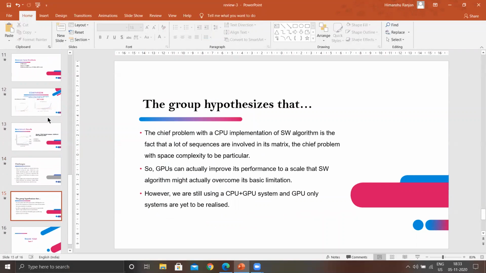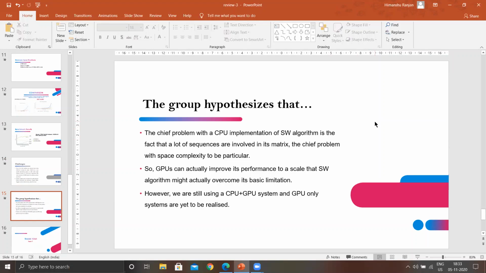Based on the experiments we conducted and the theoretical research we carried out, we conclude that one of the chief problems associated with SW, the quadratic time complexity, is largely because of the bottlenecks that the CPU has. The SW algorithm relies on a matrix, which is closely related to images and graphics.